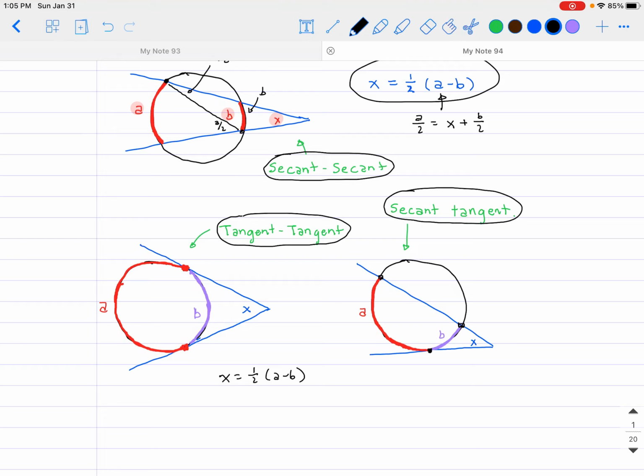Here on the left hand side, let's prove that with tangent and tangent. The secant and secant case we will leave for a homework assignment. The way we're going to do it is to create a line segment, or actually a chord to be more specific, between the two points of tangency.